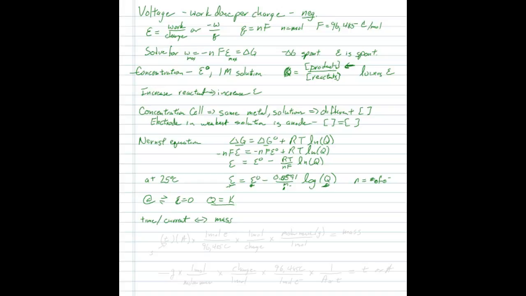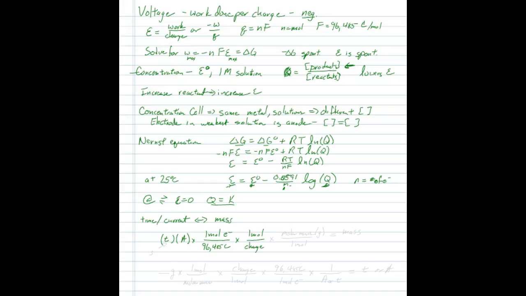If you have the time and the current, T times A, the amps, times 1 mole of electrons over a Faraday, 96,485 coulombs, times 1 mole over the charge.